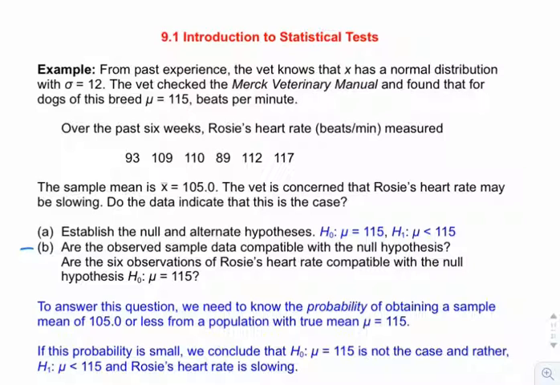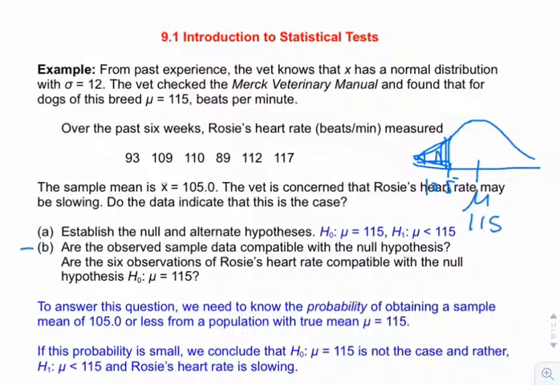So we're going to assume that our true mean is 115. It's normally distributed, and the mean is 115 for the whole population. Rosie's sample mean was down here at 105. So it's less. We want to know what is the probability of obtaining 105 or even less than that.